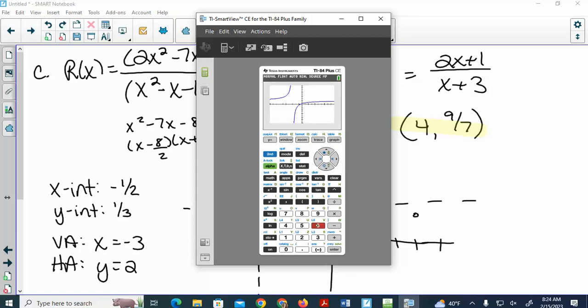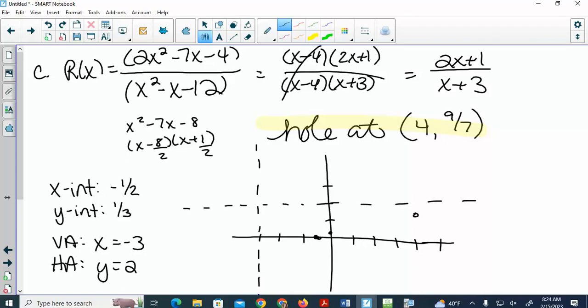And we get a graph like this. Your calculator will not show you the hole because it automatically reduces before it graphs, so you have to be able to find that part on your own.